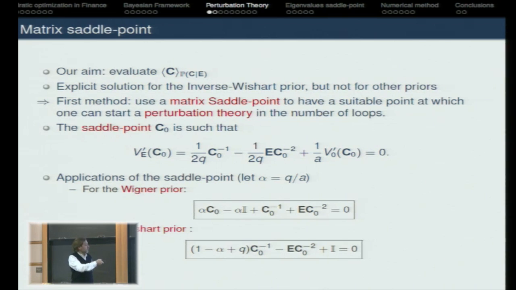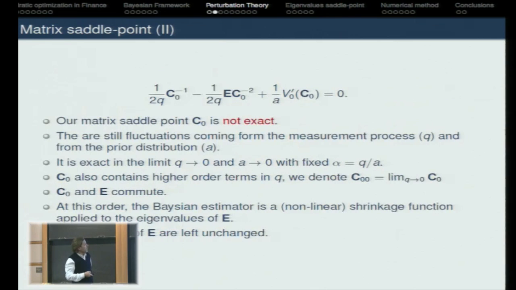Okay, so as I said, this saddle point is not exact. There are fluctuations. It becomes exact when essentially Q and A go to zero. A is the fluctuation in the prior distribution. Q is the fluctuation in the measurement process.